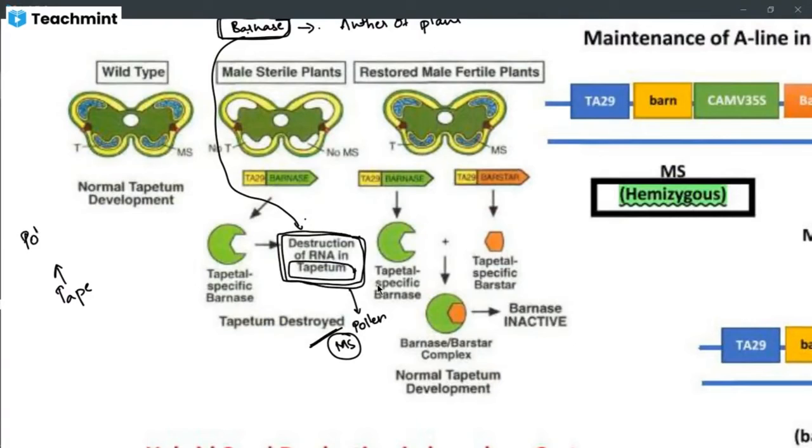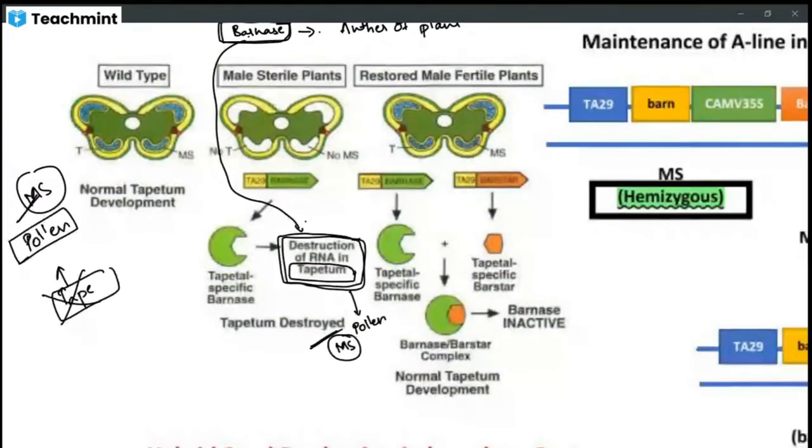When the tapetum itself is destroyed, pollen grains do not get nourishment and male sterility is seen. Is it okay? Yes, sir. So the tapetum will be destroyed and the pollen grains will be in a male sterile condition.